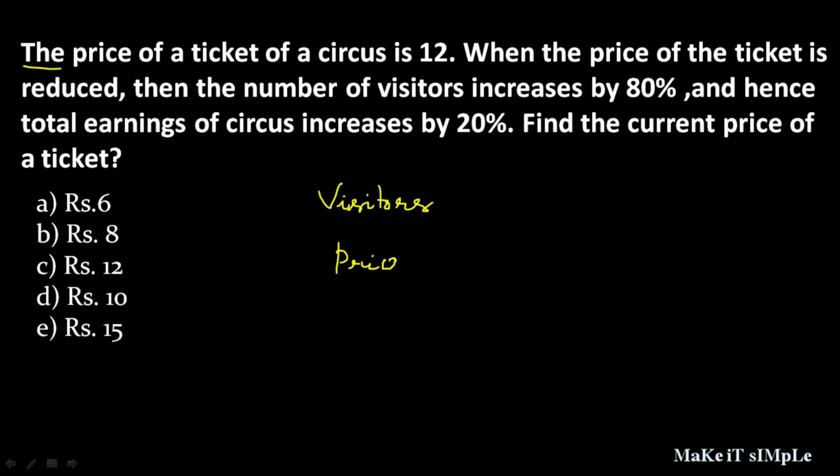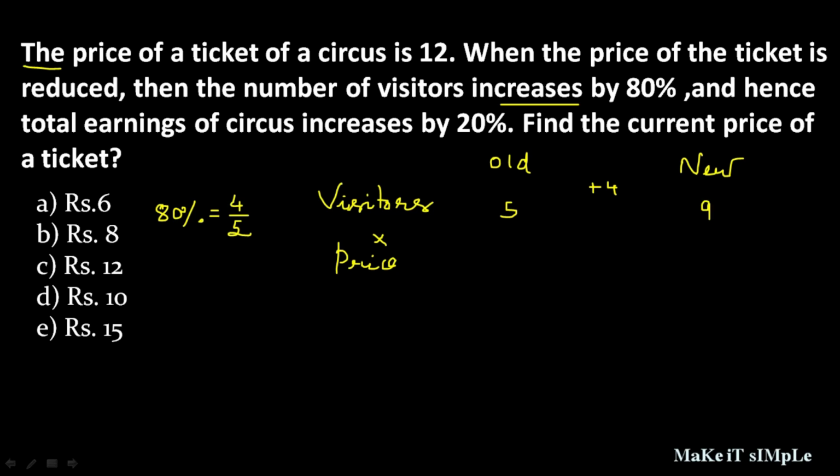So for visitors, there is a change of 80%. So 80% is 4/5. Then old value, then new value, there is an increase of 80%.